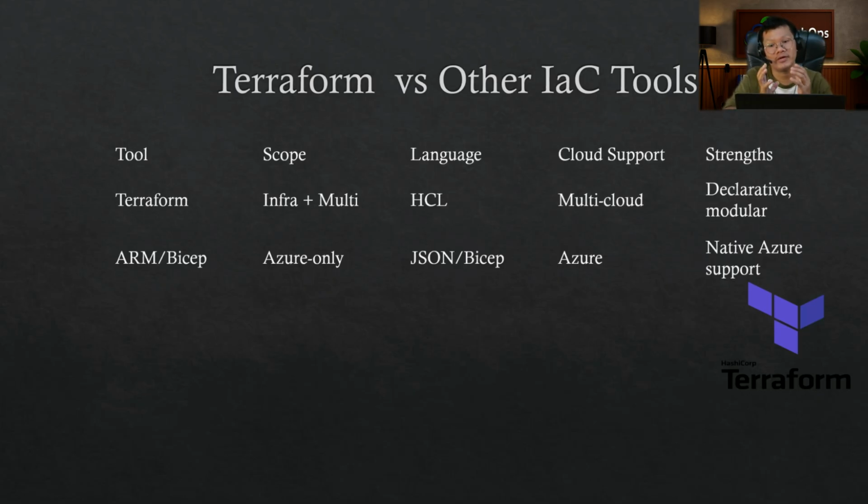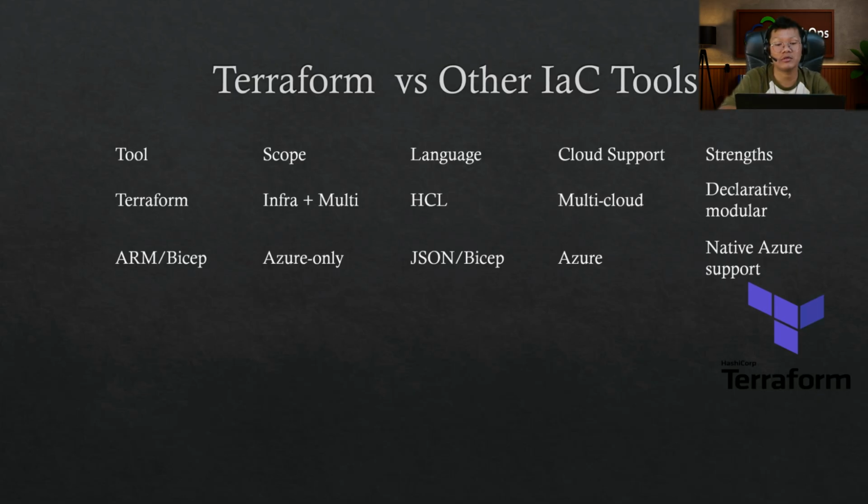But we also have other infrastructure as code tools such as Azure ARM templates and Bicep. If you take a look at the scope, it talks about only Azure. That means ARM as well as Bicep can only be used within Azure itself.